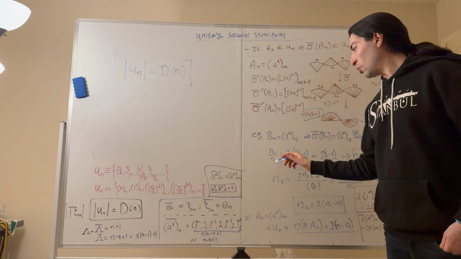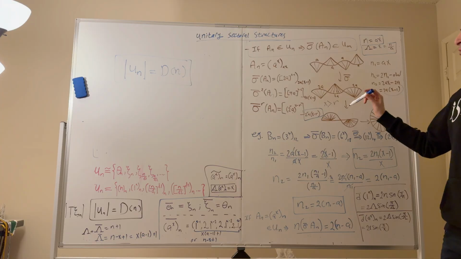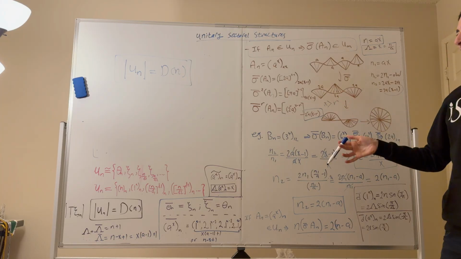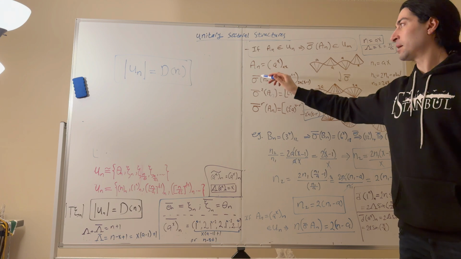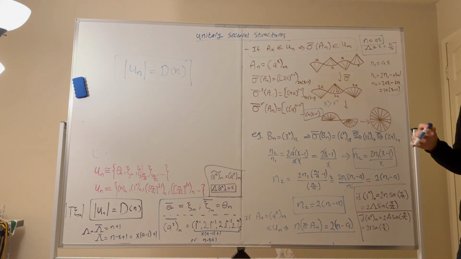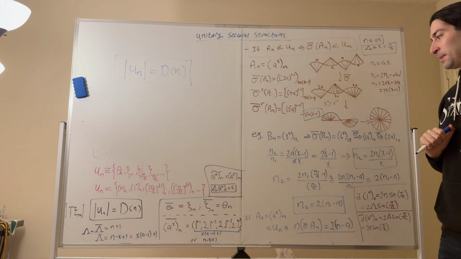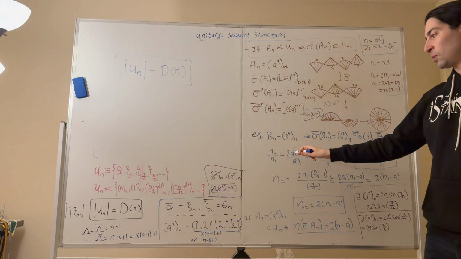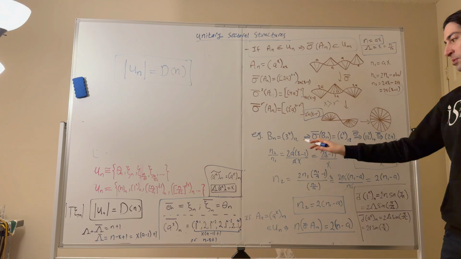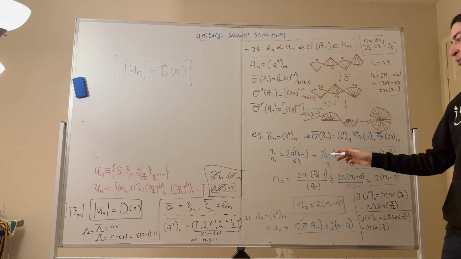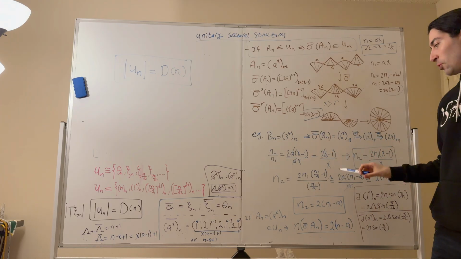Now let's look at some interesting properties as well. So n2 over n1, in other words, the degree of sigma bar an divided by the degree of an, which is simply n. So this gives us 2a times x minus 1 over ax. We cancel the a's, and we get 2 times x minus 1 over x.